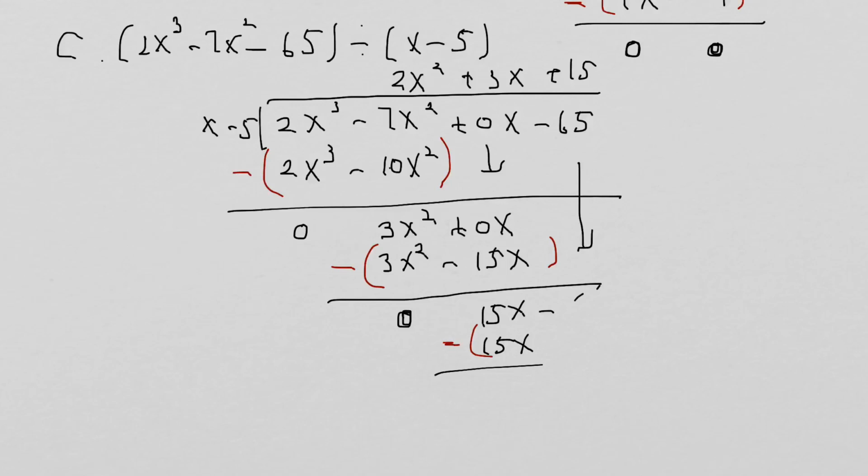So when you multiply by positive 15, it will be positive times negative, so it will be negative 75. And you're subtracting negative 75, so you get positive 10.